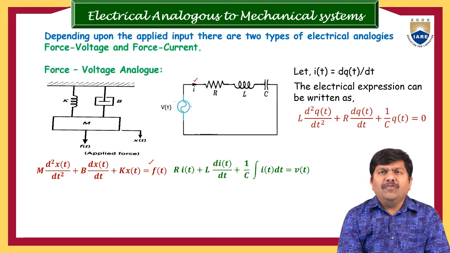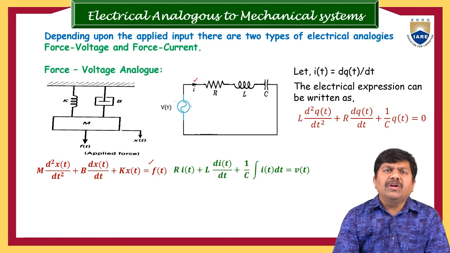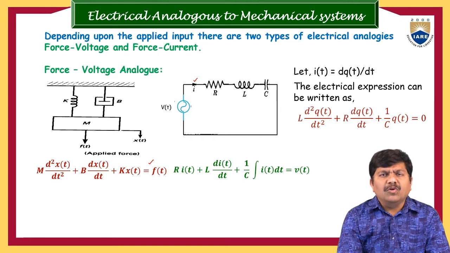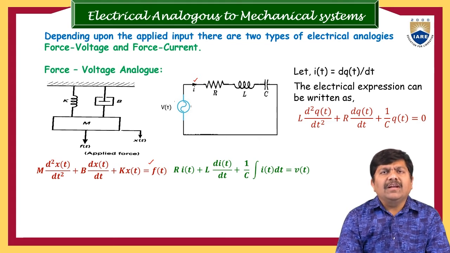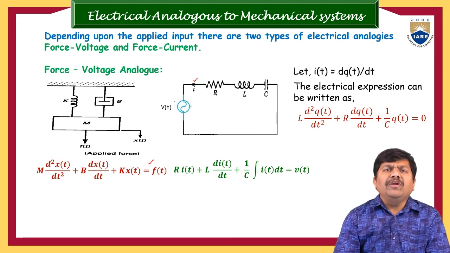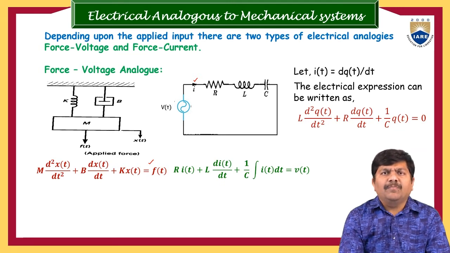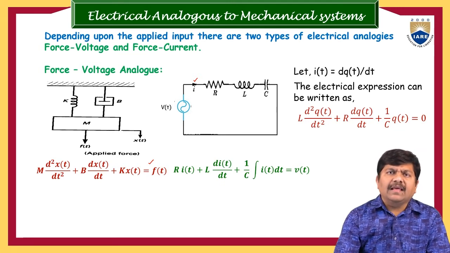Right. Now, if you are comparing, what is our intention here? Force equivalent to voltage. If we assume force is equivalent to voltage, then what is the equivalent of mass in the electrical system, what is the equivalent of the dashpot, and what is the equivalent of the spring in the electrical system? That is our intention. So how can we make a comparison between the mechanical parameters and the electrical parameters?